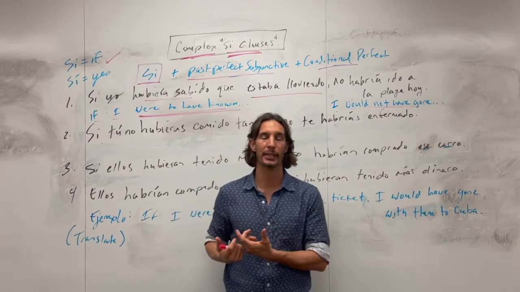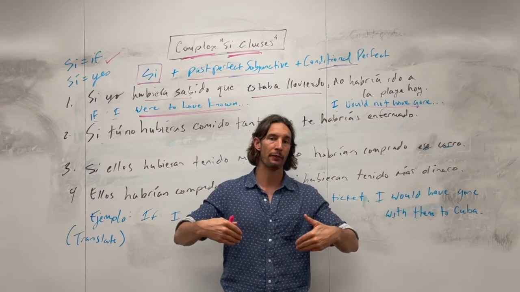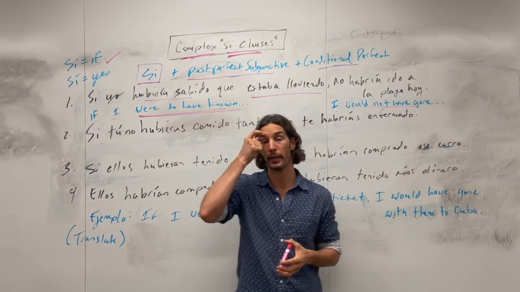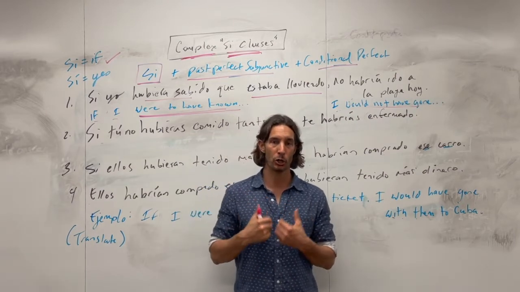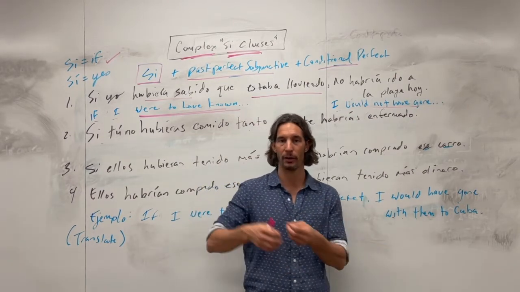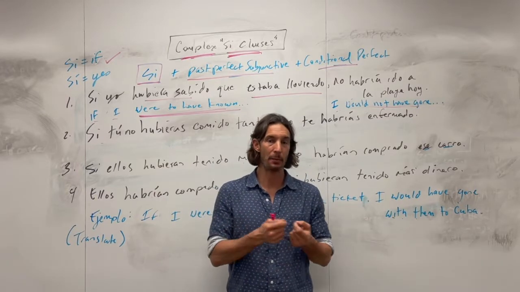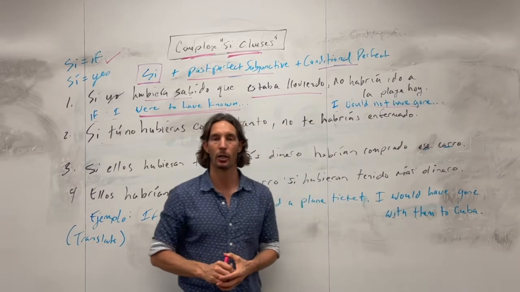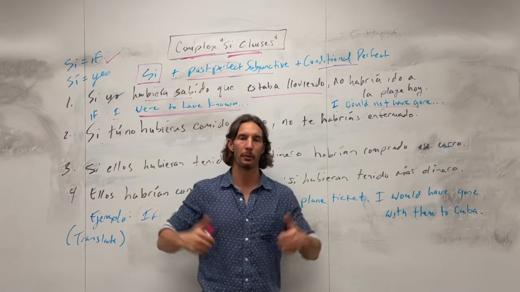The complex si clause is going to give you more of a reflecting back or a hindsight is 20/20 type thing. So, si yo hubiera tenido más dinero, habría viajado más. So if I were to have had more money, I would have traveled more, sorry. And so that's what we're gonna work with: complex si clauses.